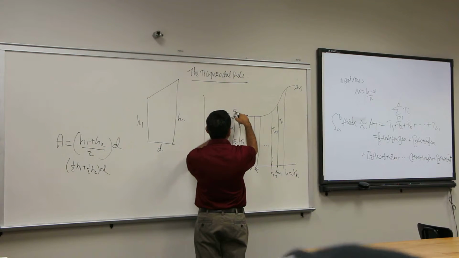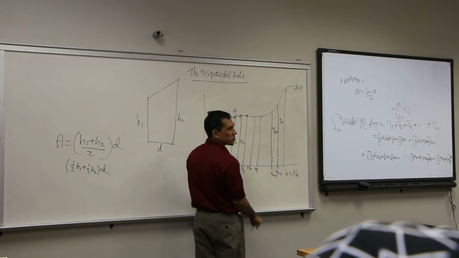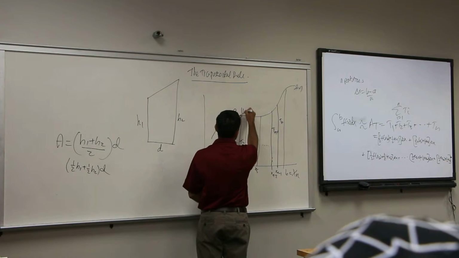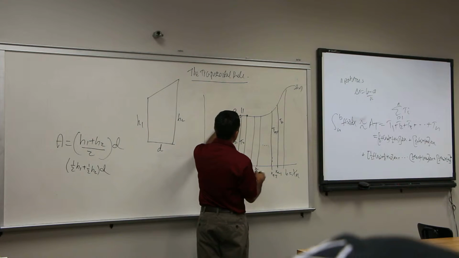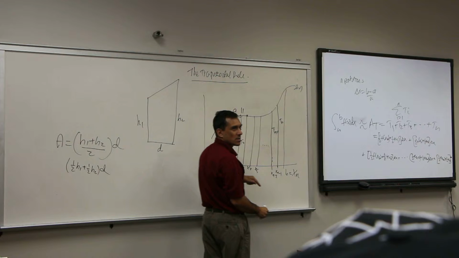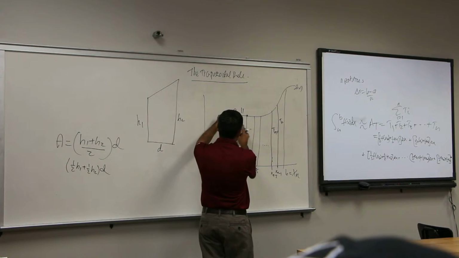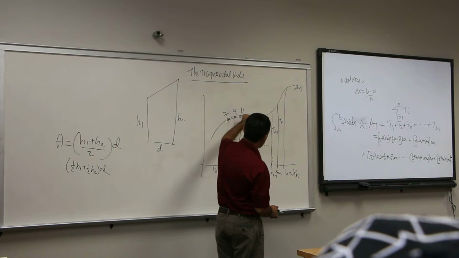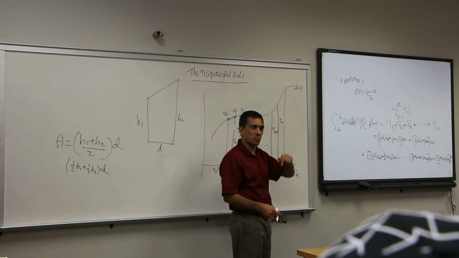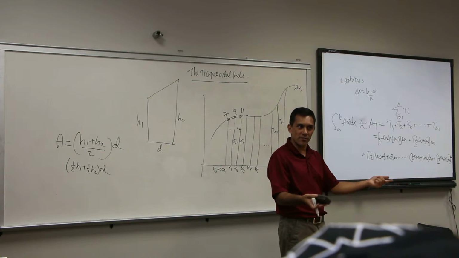You'd have to do 9 plus 7 divided by 2, 16, multiplied by 0.2. And this was 11: 11 plus 9 is 20, divided by 2 is 10, and then multiply by 0.2. I say, just take the average heights, add them all up, and then multiply by 0.2. Because we all understand that that's called factoring, and it makes your life easier.